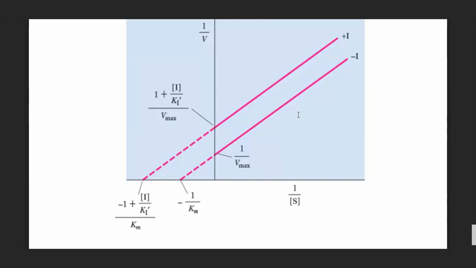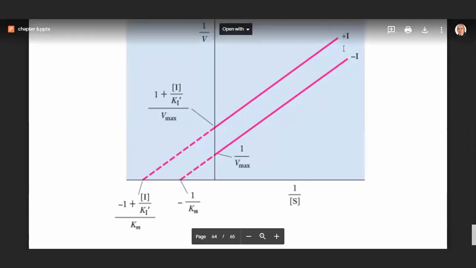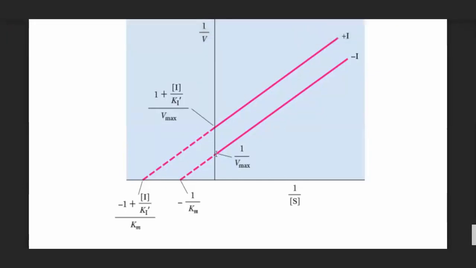In the uncompetitive, Vmax decreases. This is -I in the absence, and this is in the presence of this type of inhibition. Vmax decreases and Km decreases. So this is called uncompetitive inhibition.